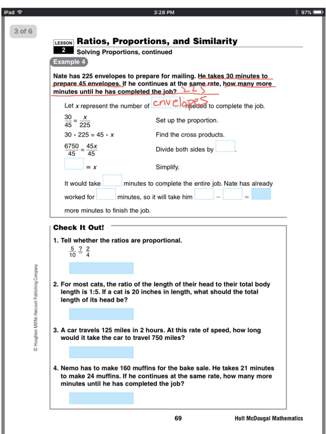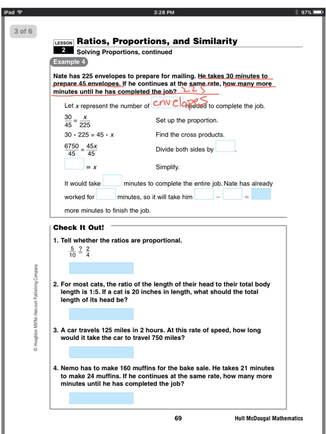So we write the ratio first of where we know both parts of it, 30 minutes to 45 envelopes. So 30 over 45, because the minutes is on top for the first ratio, it's got to be on top for the second one. We don't know how many more minutes because that's what we're finding, so we replace it with an x, but we do know the amount of envelopes he has to fill is 225.